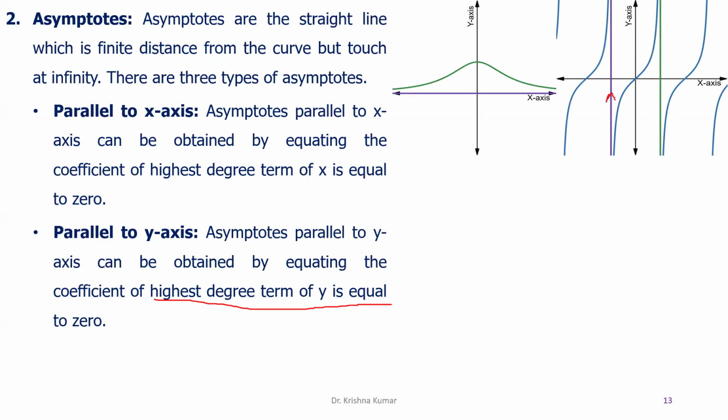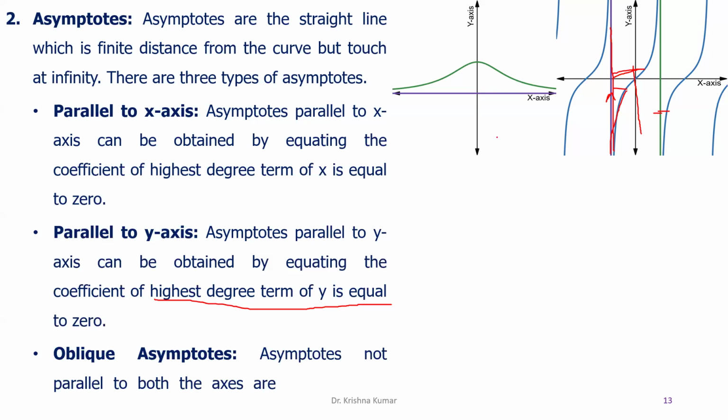So this is one line or asymptote which is parallel to y-axis, and it is at finite distance from the given curve, but it touches at infinity. Similarly, this is also an asymptote for the given curve.